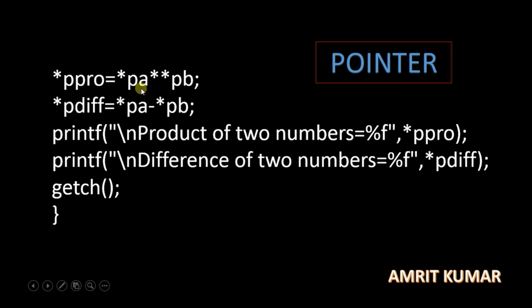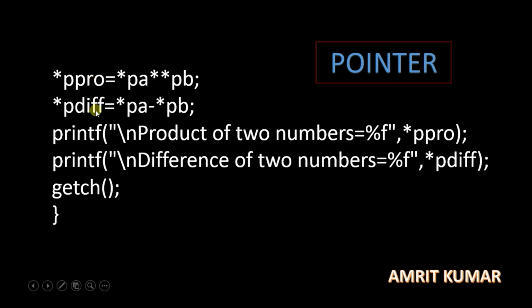So variable a into variable b gives you the multiplication, or the product, that I am assigning into the ppro pointer. In a similar way, I am subtracting the value of b from the value of a and assigning it into the pdiff pointer.